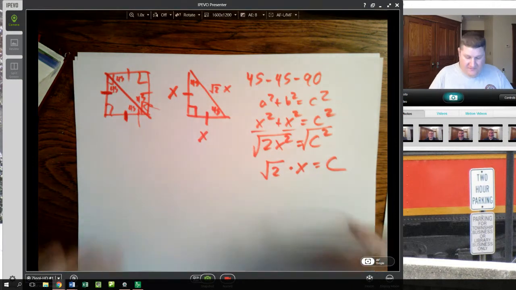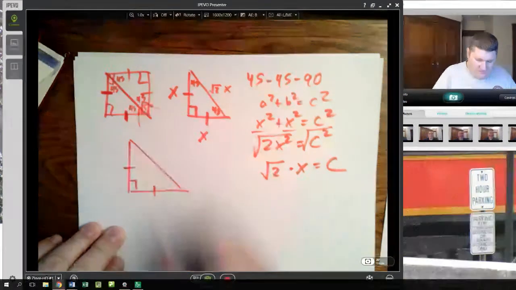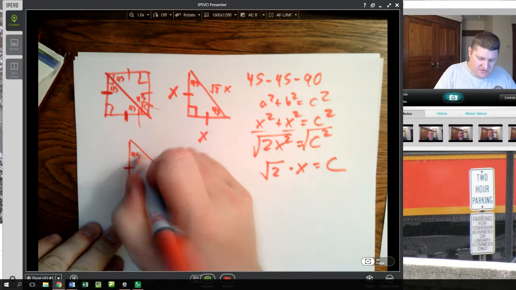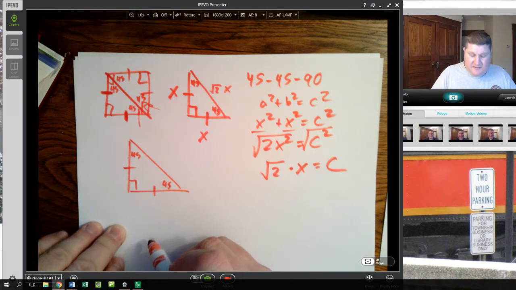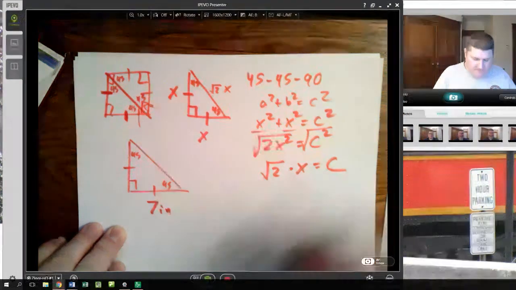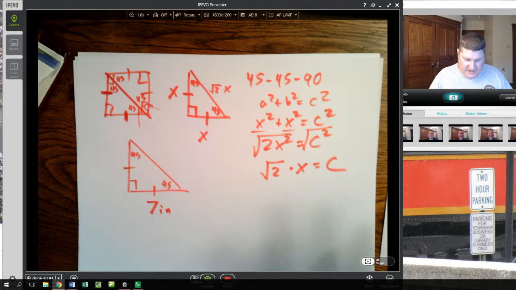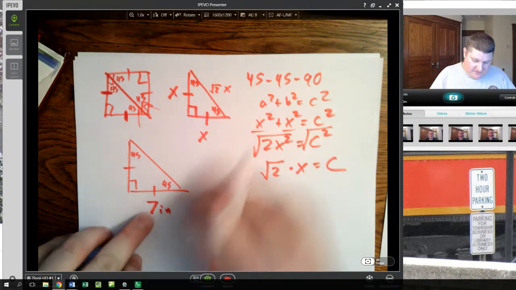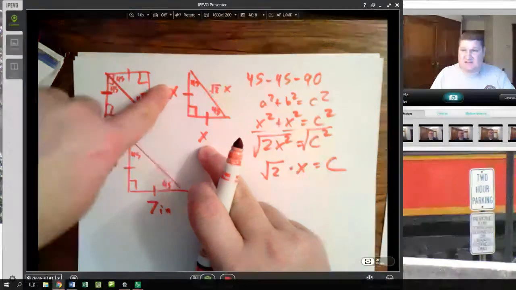And so now if I have a triangle down here, and I know this is true, automatically you could tell me, 45, 45. Okay. And if I told you this is 7 inches long, automatically you say, wait a minute, 45, 45, 90 triangle, if this is 7 inches, this is 7 inches, because if this is, this is.